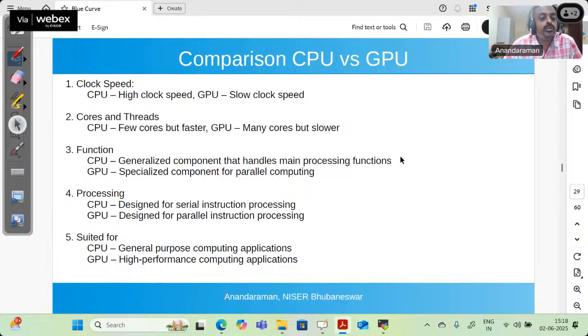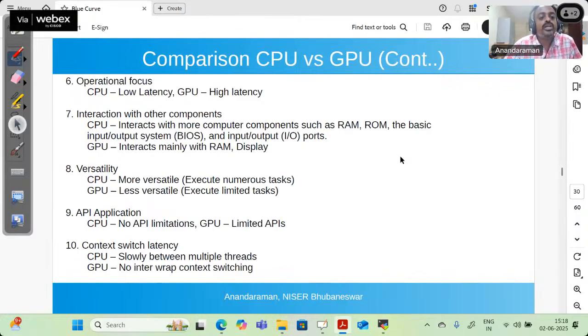Okay, CPU versus GPU. Clock speed: CPU is high, GPU is low. CPU has few cores, GPU has many cores. The CPU handles all types of main functions, while the GPU handles only parallel work. CPU processing is serial instruction processing, while the GPU is designed for parallel. CPU is for general purpose computing applications, GPU is for high performance computing applications. CPU is operation focused with low latency, while GPU has high latency, so here the GPU is not good.